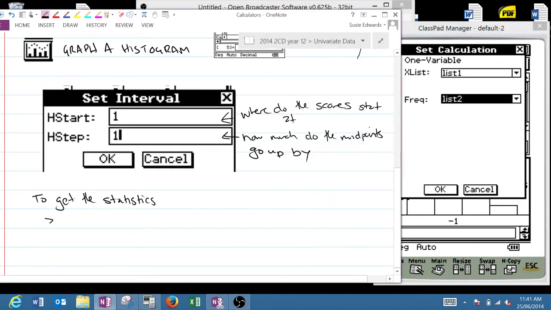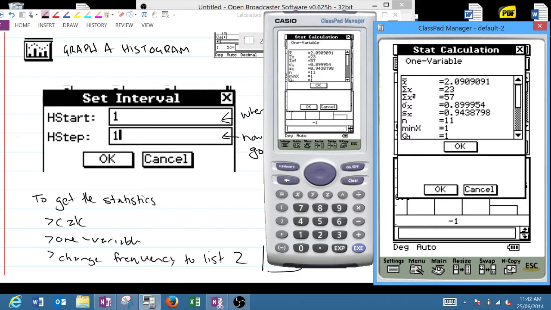Calc one variable, change frequency to list 2 and press OK. It gives you this whole list of information. This is where you get all your stats from when you're in the calculator section. It's pretty easy, alright?